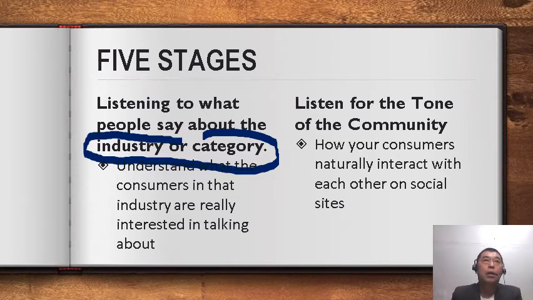Probably you are Smart and your competition is Globe. All right. So therefore, in that telecommunication industry, you should understand what the consumers in that particular industry or market are really interested in. What is the current trend in that particular industry?